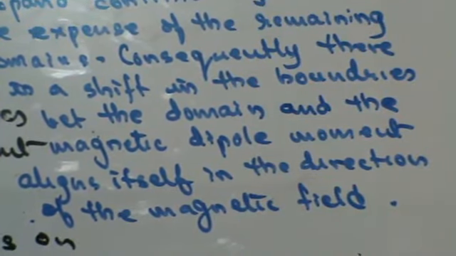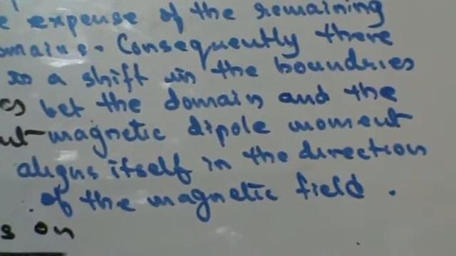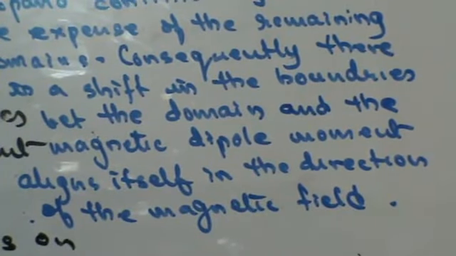Now, if I remove the external magnetic field, what will happen? The domains will again get randomly aligned, the boundaries would again be formed, the size of the domains would be reduced, and as a result the substance would lose its magnetic properties.